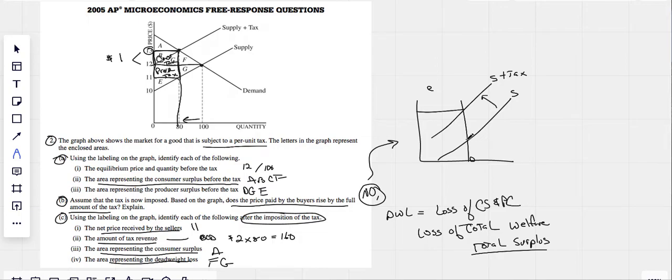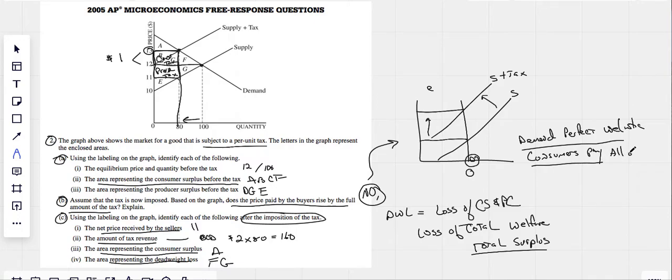But because demand is perfectly inelastic, consumers will pay all of the tax. Understand that as their demand is perfectly inelastic, the quantity that they buy does not change. It doesn't move from that spot. So even if the price goes way up, they're still going to buy that same amount of quantity. So only in a situation where demand was perfectly inelastic would consumers pay all of the tax.